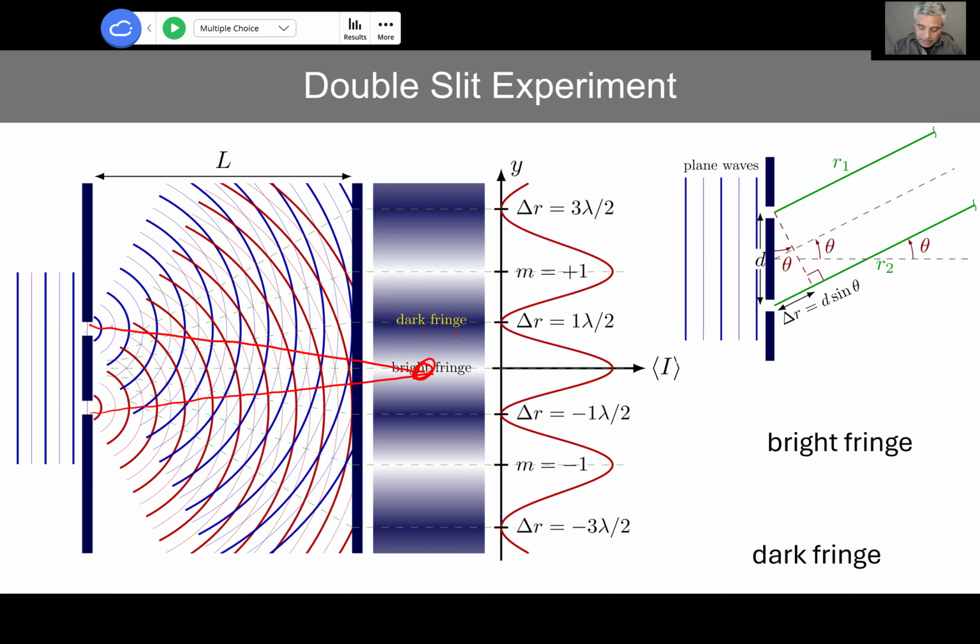So at the center bright spot, if we were to plot intensity, that's where it's the maximum intensity, denoted by this big amplitude of the intensity here. And for the path difference here, I am writing delta R, and I think before I wrote delta X. Here I'm writing R1 and R2, so the difference is delta R. That's the path difference we are looking at, okay?